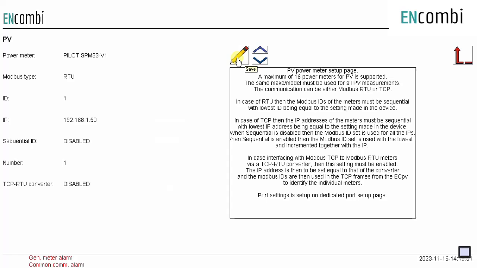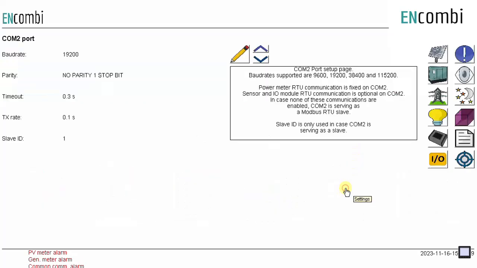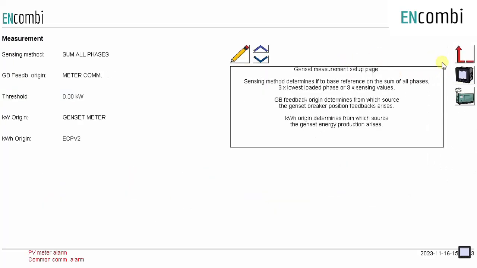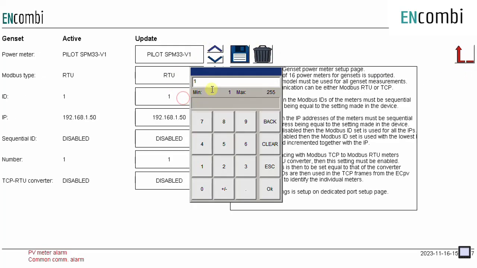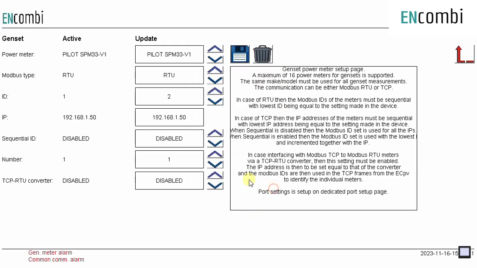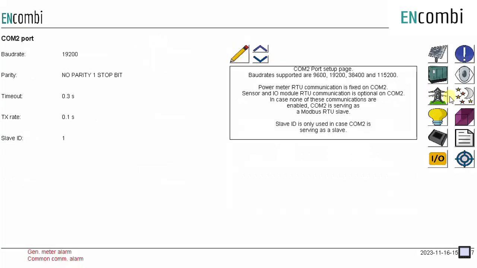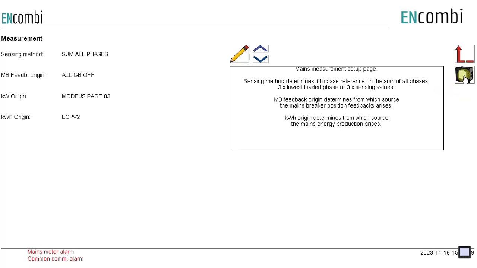Repeat the same setting for both genset and grid with ID number 2 and ID number 3. Let's do the setting for genset power meter connection. Maximum of 16 power meters can be connected for genset communication. Let's complete the grid power meter setting.